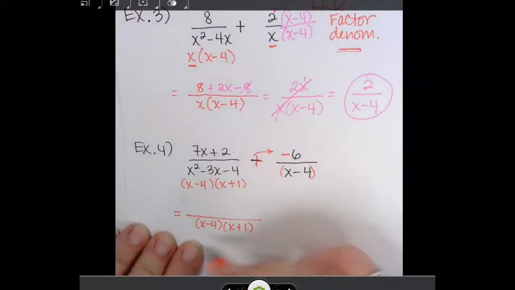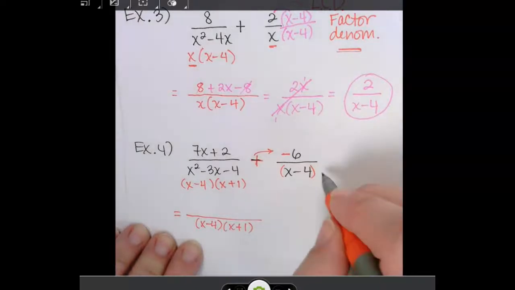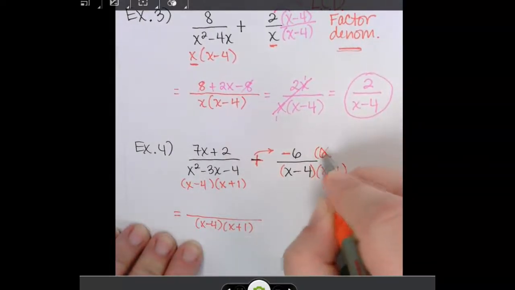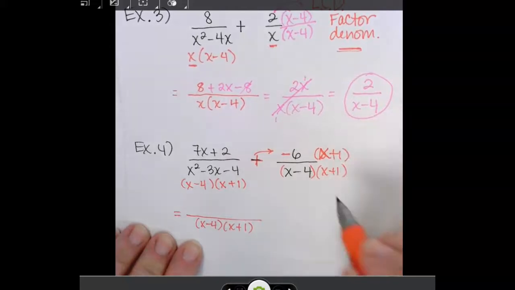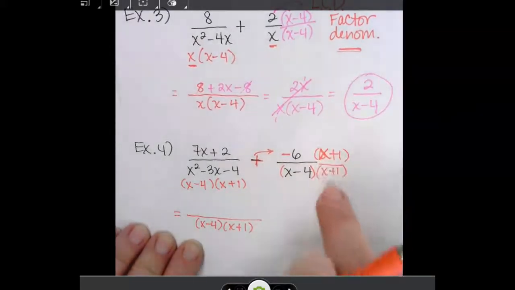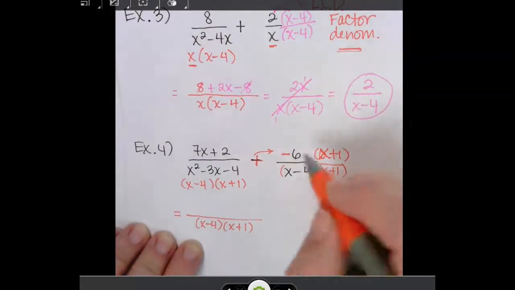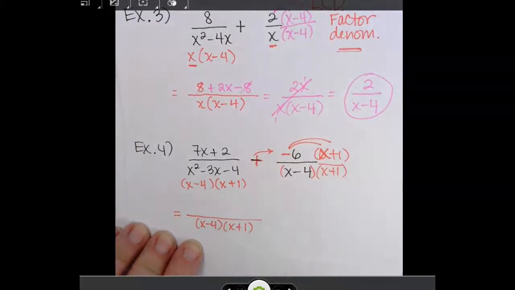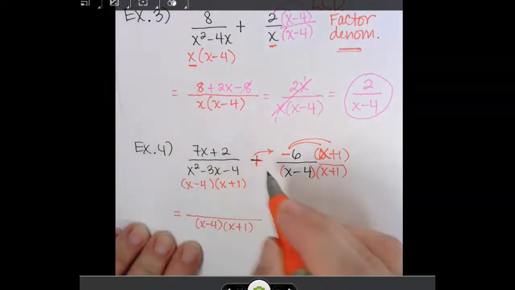So remember, when one of our fractions is missing a factor in its denominator, we multiply that factor. Oops, I saw the 6 and wrote a 6, but it's an x. We have to multiply by the factor over itself onto the fraction that is missing that. Now I'm going to distribute the -6 to x and to 1. So let's look at our numerator.